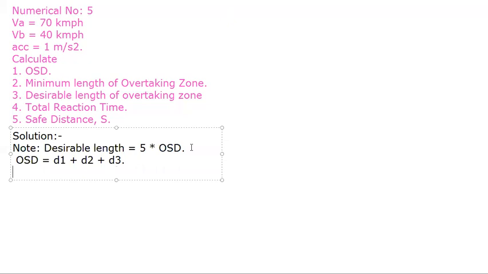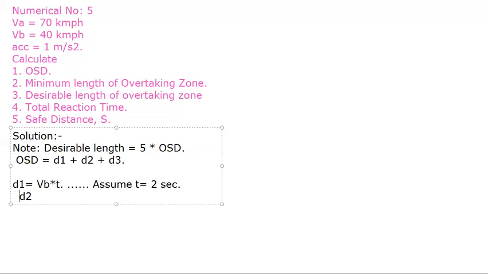Your D1 will be equal to VB into T. This is the first thing. Now the important thing here is that T is not given, so assume T is equal to 2 seconds.